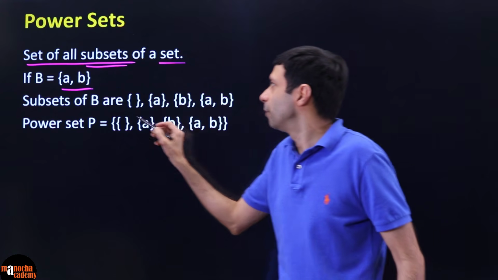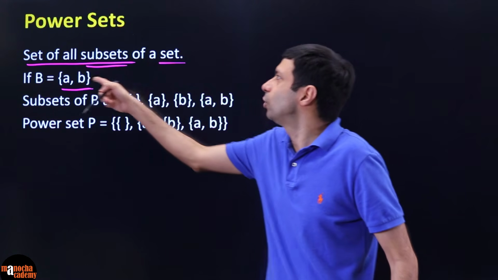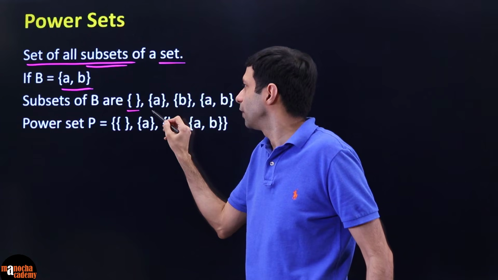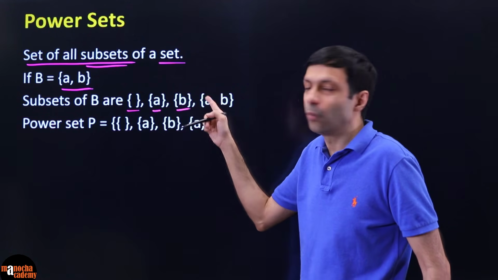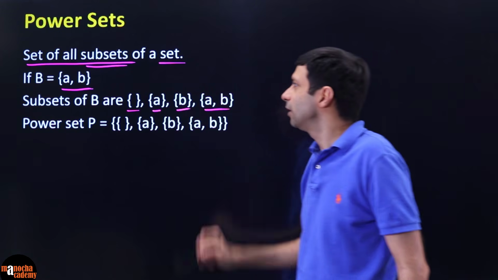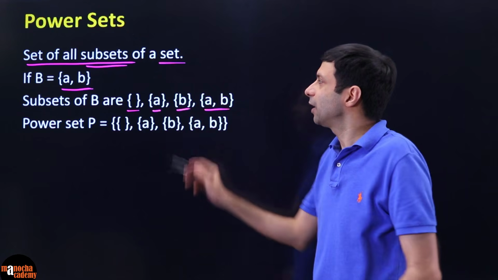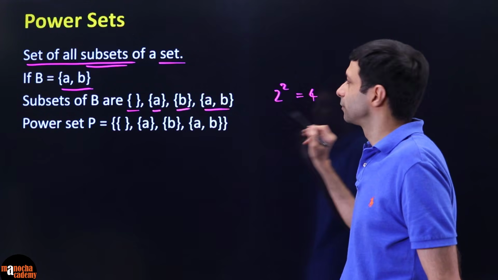Very simple. Remember, first you take the null set so that we don't forget the empty set. Then you take one element at a time. So we have taken A and B. Now we'll take both the elements A comma B. So can you see? And as expected, we are having 2 to the power n, 4 subsets here.